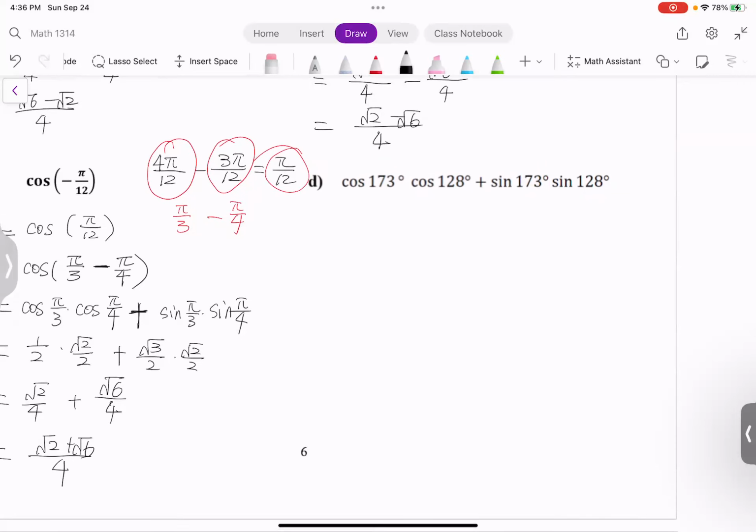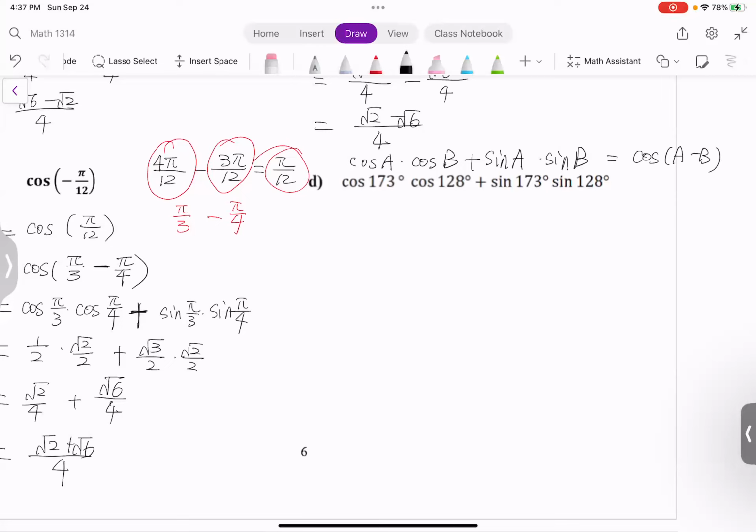If I replace 173 and 128 with variable angles like alpha or beta, how about cosine A times cosine B plus sine A times sine B? What is that? Oh, this is cosine of (A minus B).